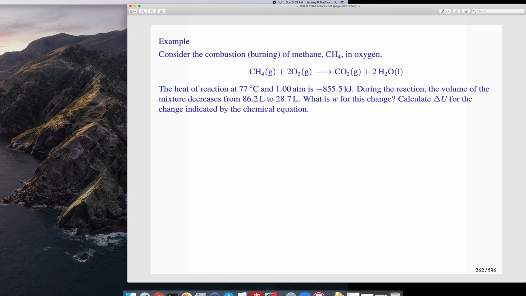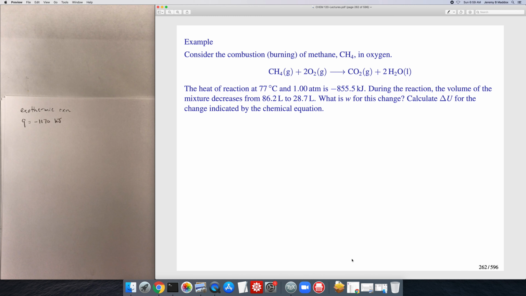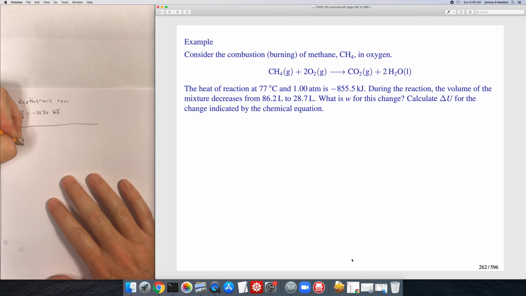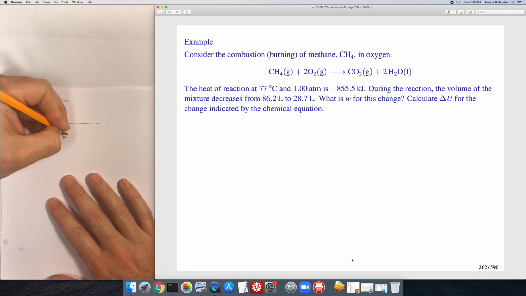So, in this problem, we're considering the combustion of methane. We're told that at 1 atmosphere, the heat of this reaction is minus 855.5 kilojoules. So they are telling us that in this case, Q equals minus 855.5 kilojoules.